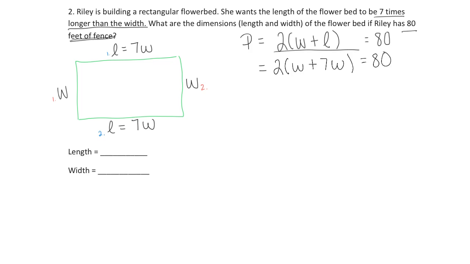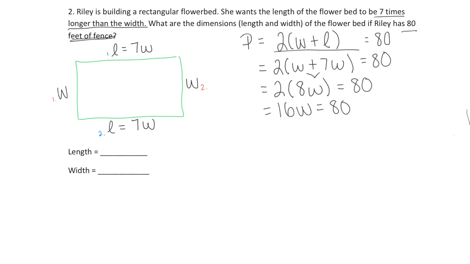I have w plus 7w. Because they're the same term, we can combine them. So now I have 2 times (w plus 7w), which is going to give me 8w, equals 80. Now when I have the parentheses, I know that 2 times 8w is going to give me 16w equals 80.